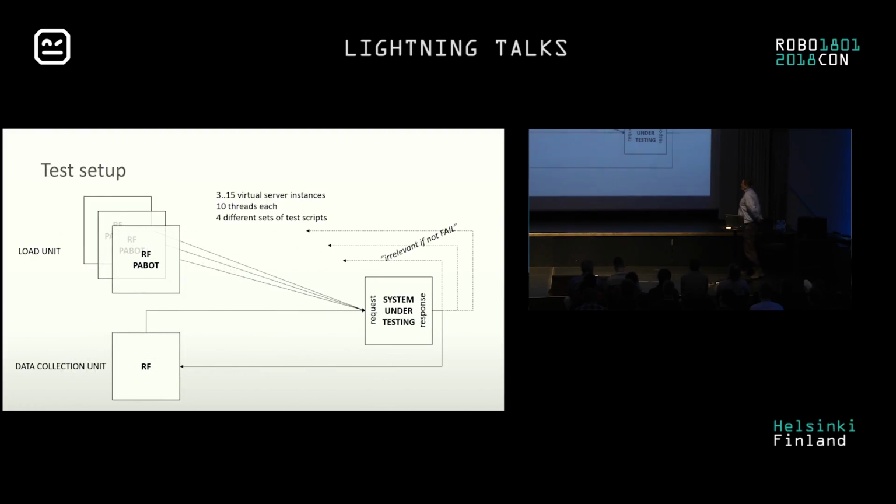So this is what we did. We created a number of servers, and we put Robot there, and we executed about 10 threads each. Then we created a load model by creating different sets of test scripts. Those load unit servers sent requests to the system, and we were not interested in the responses as long as we didn't get fails.